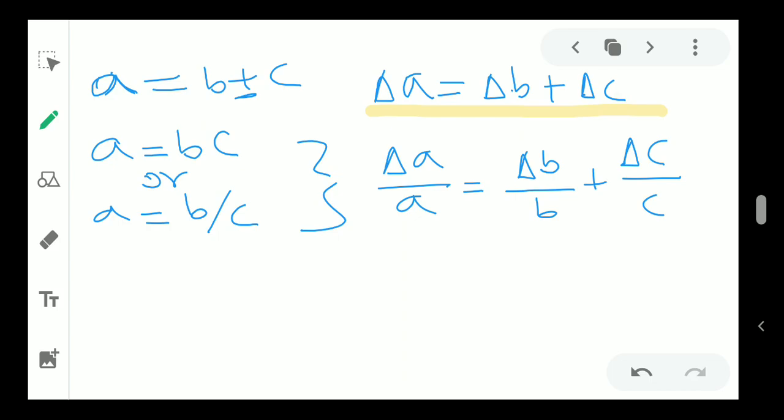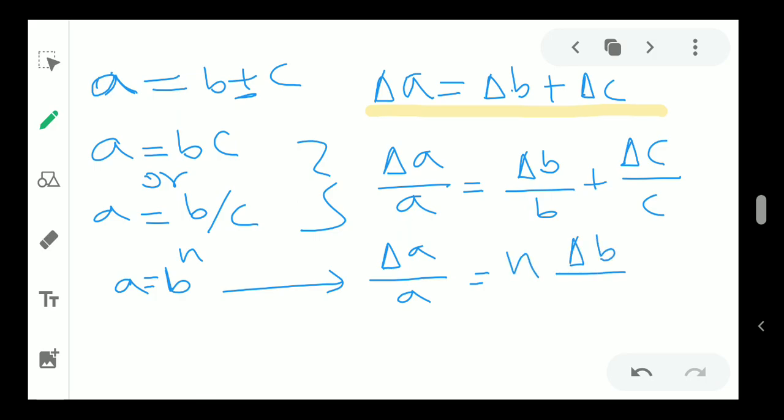In the case of a square or any index, I'm writing here n, the relative error will be multiplied by the index itself. And lastly the log, which is very uncommon.